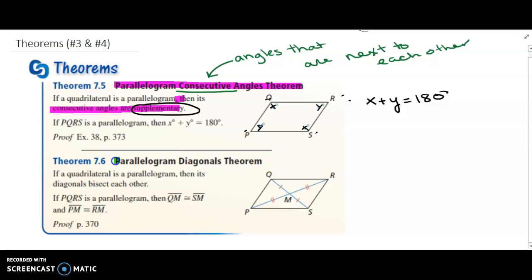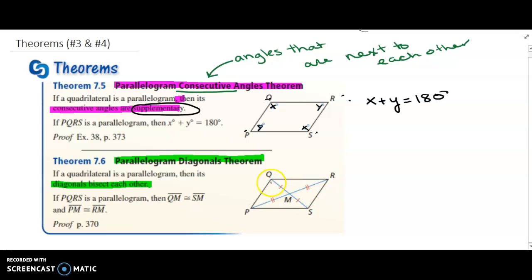Okay, this is the fourth one, and this is the one that's forgotten about the most. It's the parallelogram diagonals theorem. Okay, so it says if a quadrilateral is a parallelogram, then its diagonals bisect each other.